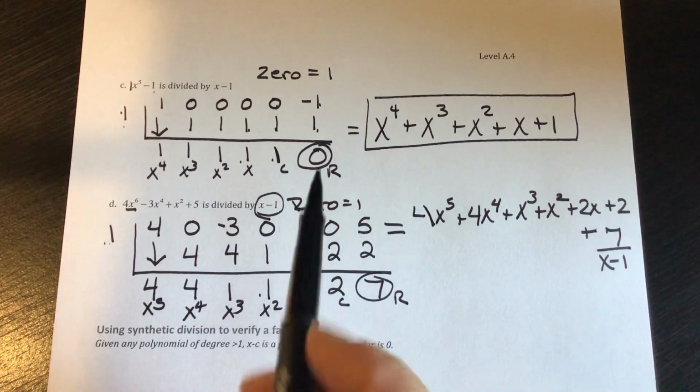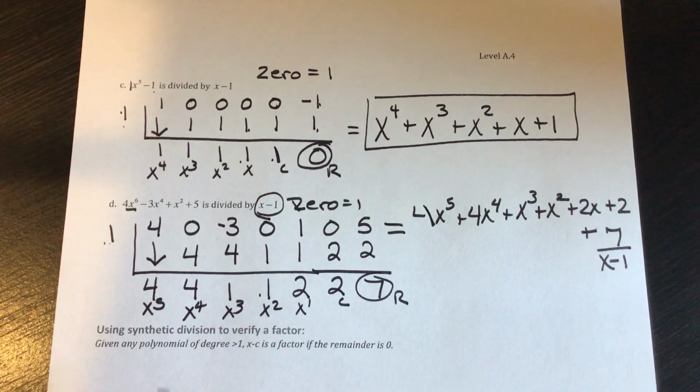Okay, so one thing that we can use synthetic division for is to determine if something is a factor. And if something is a factor, we're going to get a remainder 0.